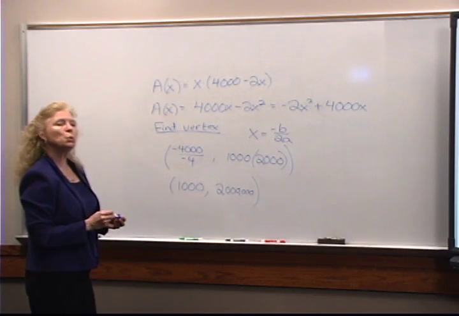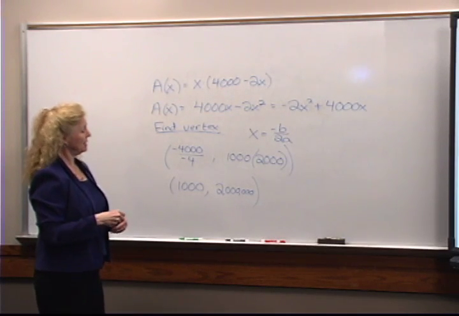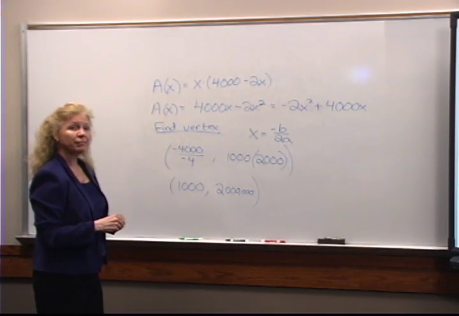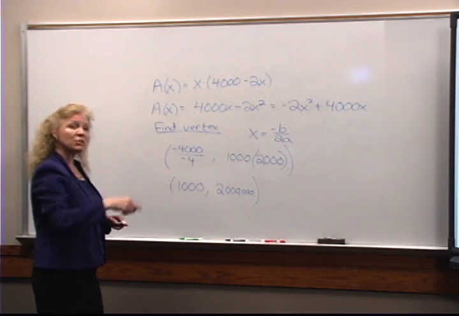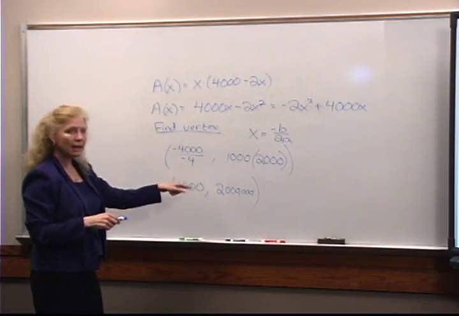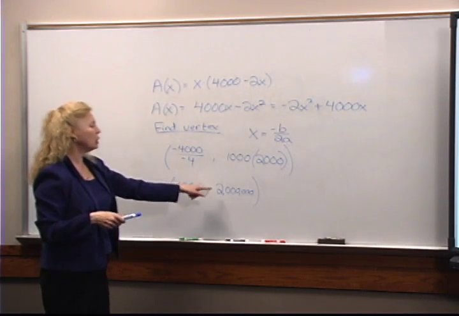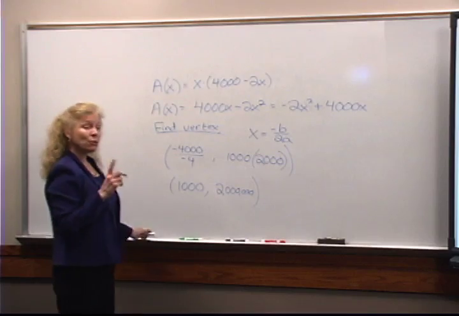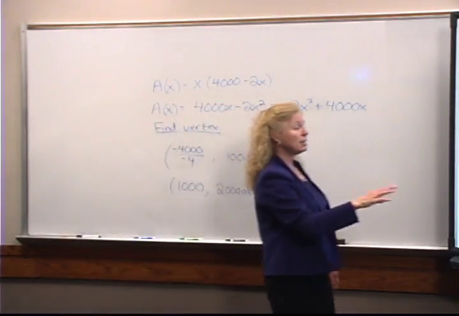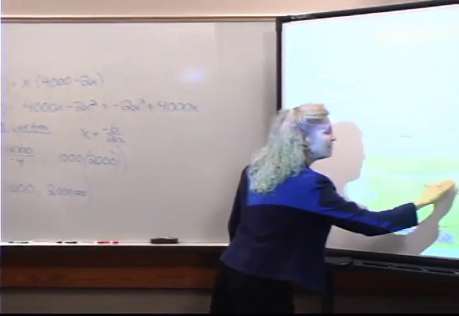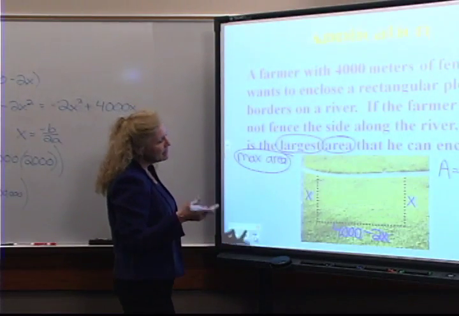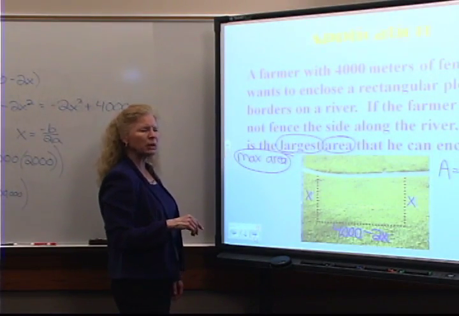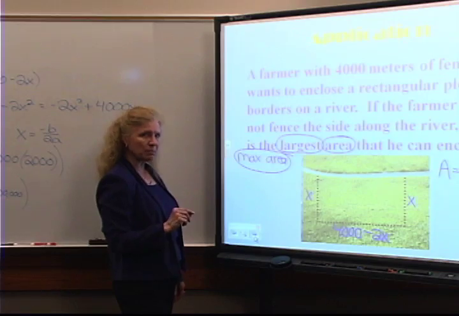We would have 2 million square meters. If he has 4,000 meters of fencing, he can, maximum, enclose 2 million square meters. Now, of course, that is dependent upon not having to use any fencing for that fourth side. If he needed fencing for that fourth side, I think you realize he couldn't enclose quite as much, right?